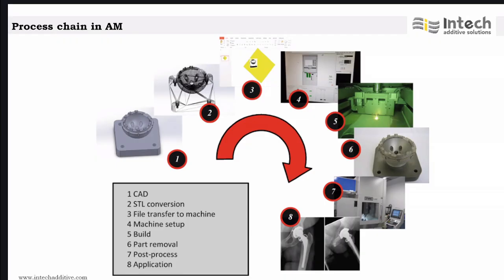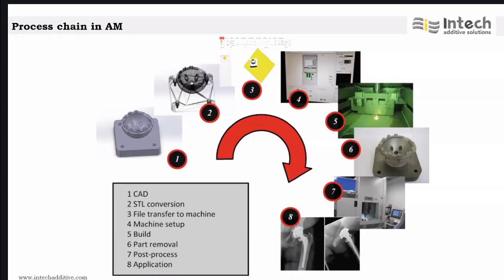And once it is sliced, we will generate the path for printing. That path could be in the form of some formats, let's say G-code, which has the path in which the tool has to move to get the part printed. So that will be transferred to the machine.